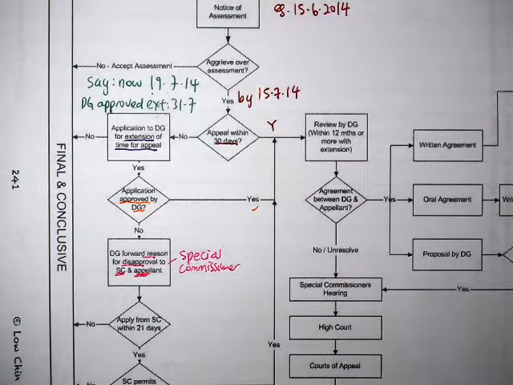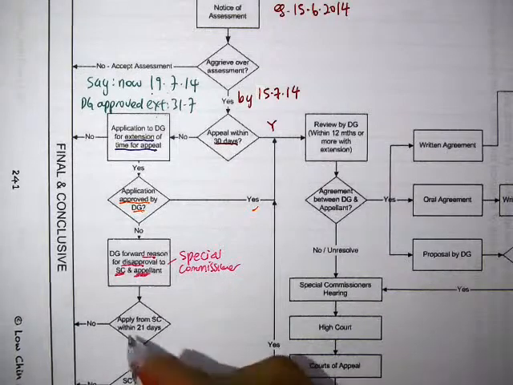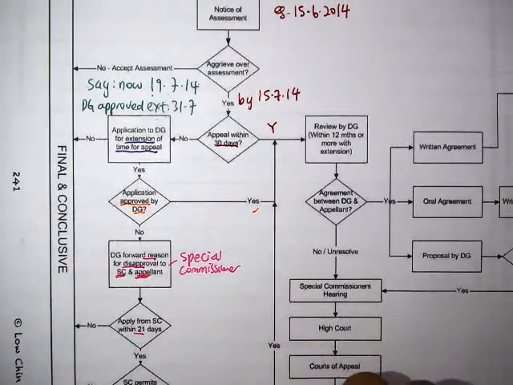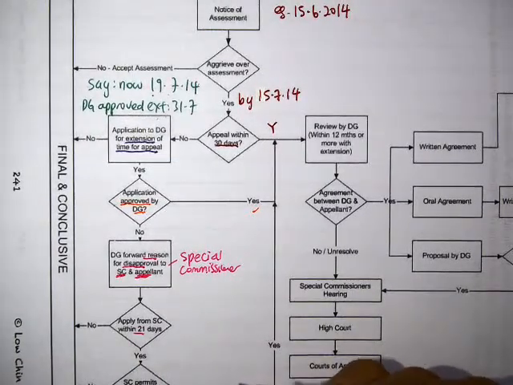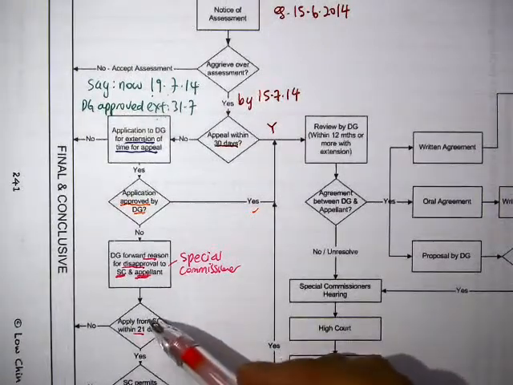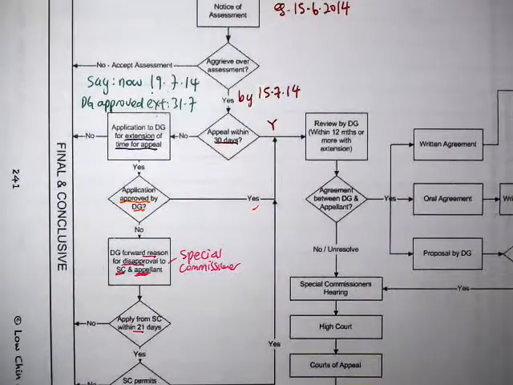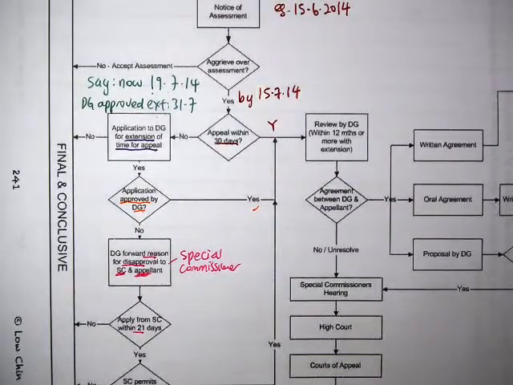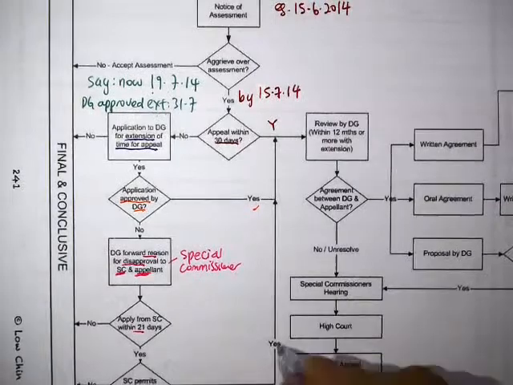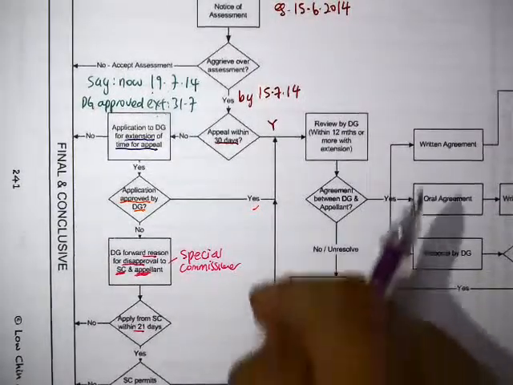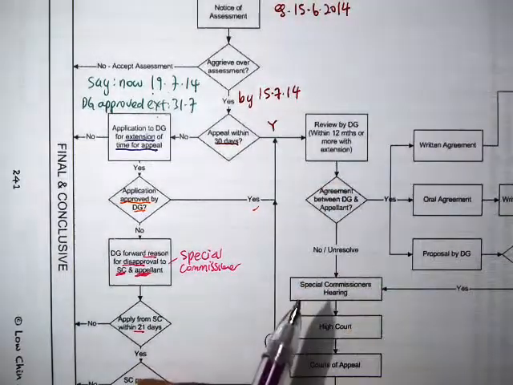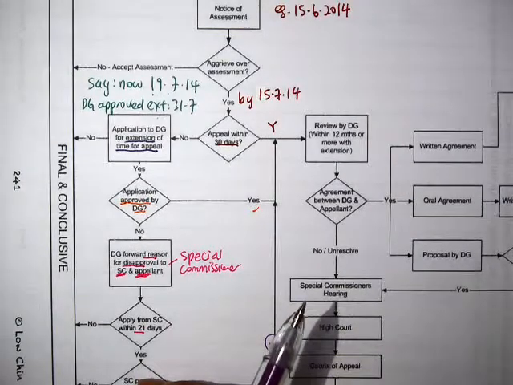The moment you receive this so-called reject letter, saying they disapprove your application, you have 21 days to apply to the Special Commissioner again for an extension. If you apply to the Special Commissioner, the SC will see whether they grant you permission or not. If the SC grants you permission, then you can go on and appeal. But if the SC rejects you, that means you've lost all your hope. There's no more way that you can appeal.